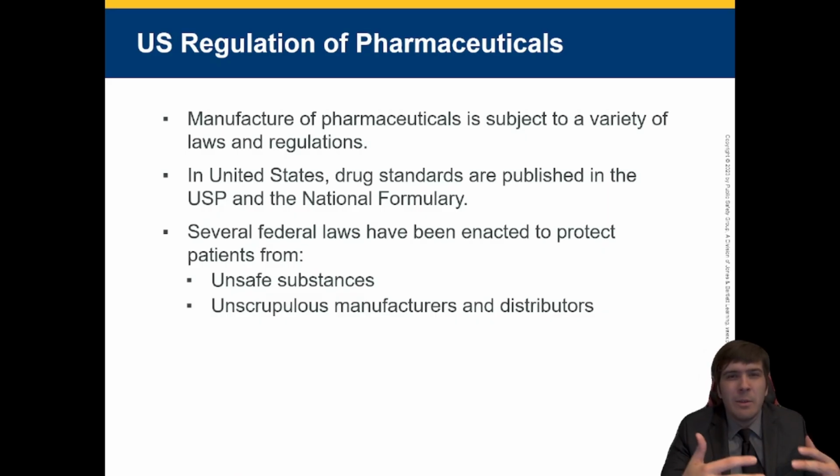They work together, and their websites are kind of one and the same. Several federal laws have been enacted to protect patients from unsafe substances and unscrupulous manufacturers and distributors. There have been a whole bunch of laws about false advertising, and they crack down on that. So if you claim a drug does something that it doesn't actually do, they're on your case.